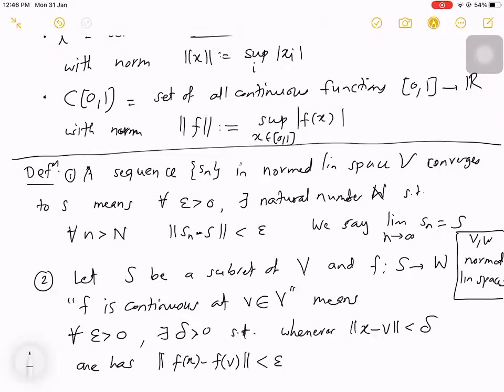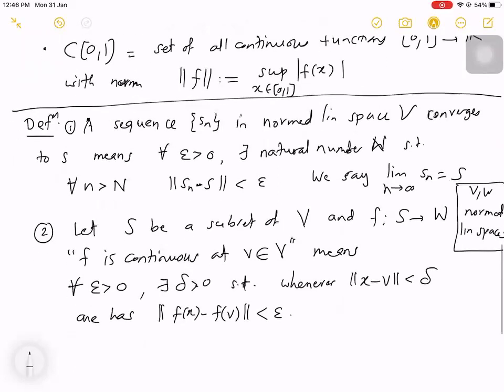Norm in W. Right, exactly. Correct. So this is the exact same definition that we used last semester. The only thing that we have done now, following what we did in the case of sequences, is replace the absolute value by norm. It's the exact same definition. Okay, so very good. So we have this definition, and I hope that nothing comes as a surprise now. Nothing in this definition is a surprise.